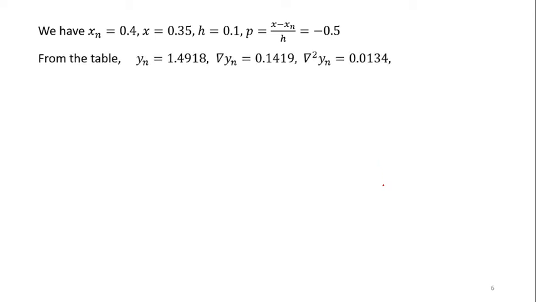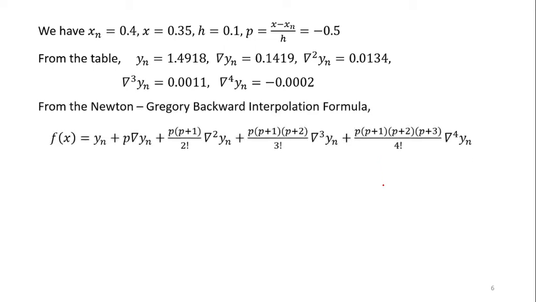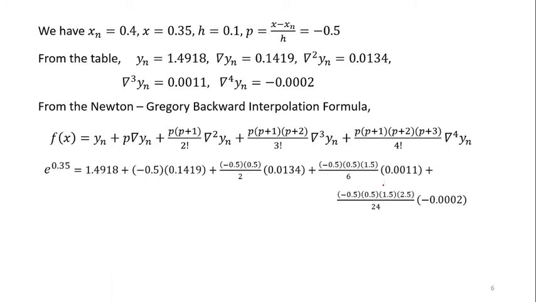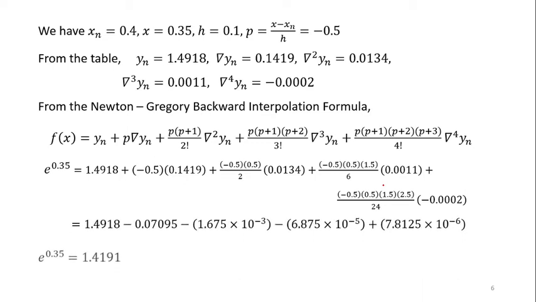And from the table, yn is 1.4918, del yn is 0.1419, del square yn is 0.0134, del cube yn is 0.0011, and del power 4 yn is minus 0.0002. Now write down the Newton-Gregory backward interpolation formula and substitute these values. If we simplify this, we get e power 0.35 as 1.4191, which is the required solution.